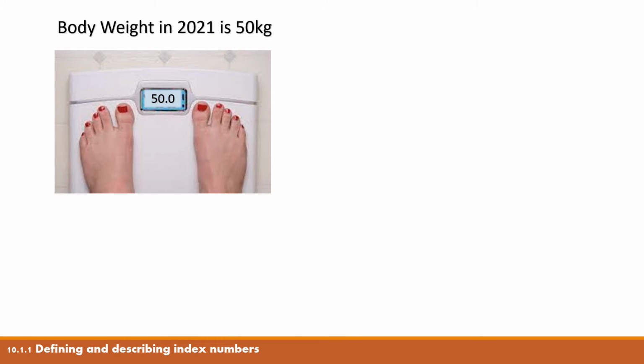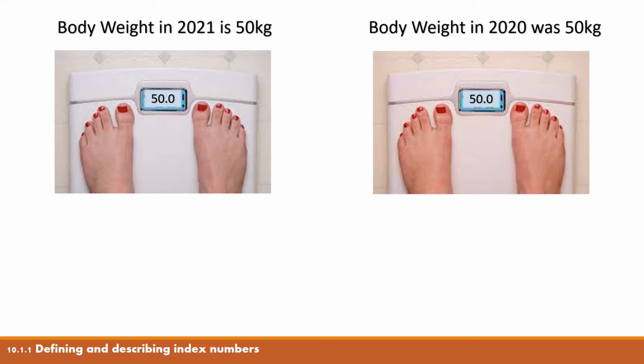Let's take a look at some examples of index numbers we can find in our daily life. The body weight in 2021 is 50 kilograms, and the body weight in 2020 was 50 kilograms. As we compare these two body weights, we can see that both are the same.